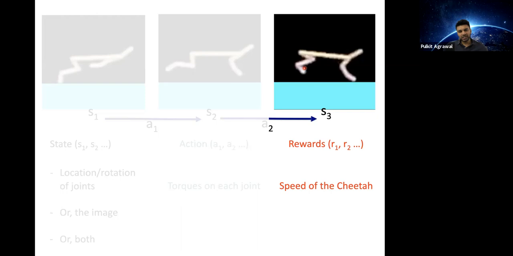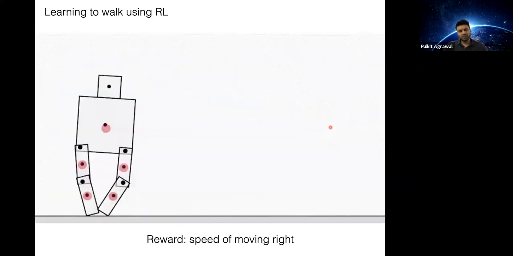So rewards are often designed. For instance, if you are playing Atari games, the game score is the reward. If, for example, I want this cheetah to run, then the speed of the cheetah is the reward. But let's look at what happens when we attempt to design rewards.